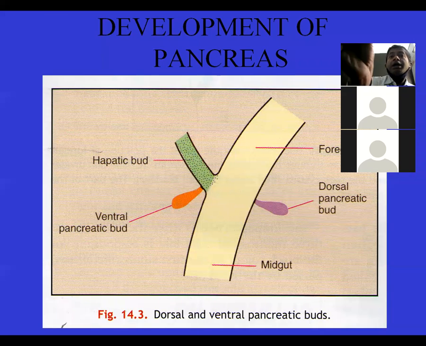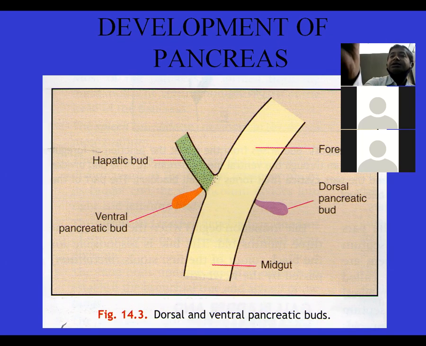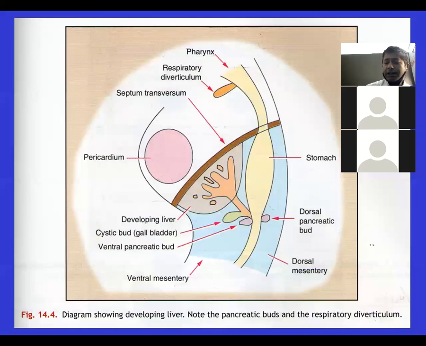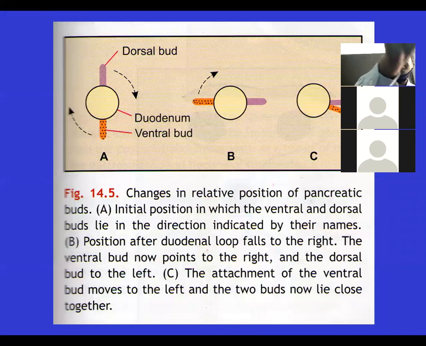The pancreas develops from the ventral and dorsal pancreatic buds just below the foregut, in relation with the hepatic bud. Then there occurs rotation of the dorsal and ventral pancreatic buds, so the ventral bud comes to lie below the dorsal one.